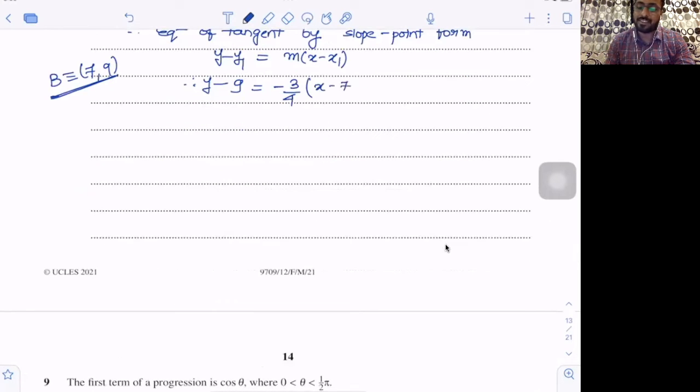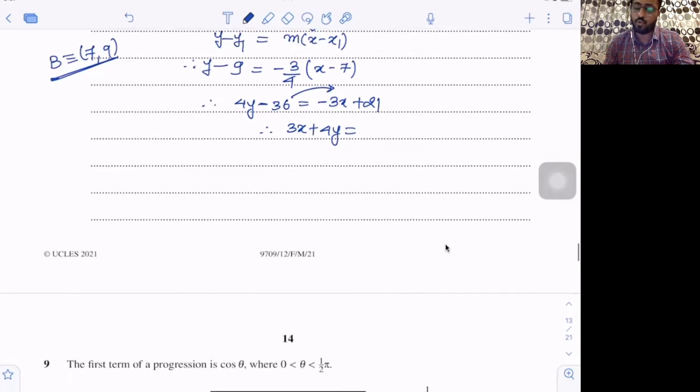So x minus 7. So you can simplify it. So it can be 4y minus 9 4s are 36 is equal to minus 3x plus 21, or you can simply say 3x plus 4y is equal to 36 plus 21, right? The minus 36 goes on the other side. So that's 6 plus 1, 7, 3 plus 2, 5.